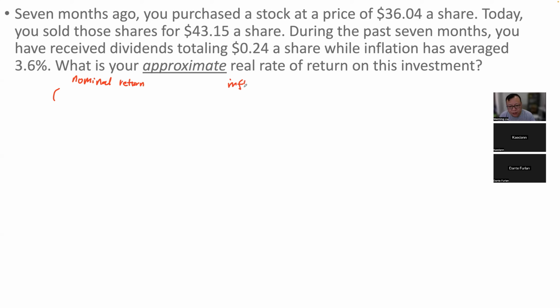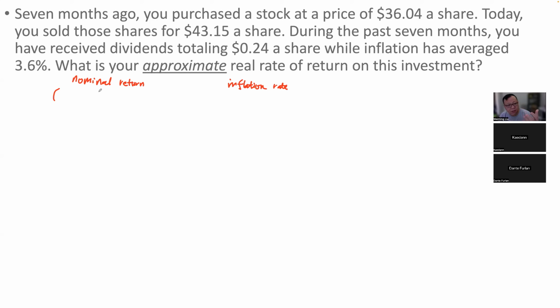Especially right now, the inflation is very high. This inflation rate is going to reduce the nominal return. So that return is called a real return.